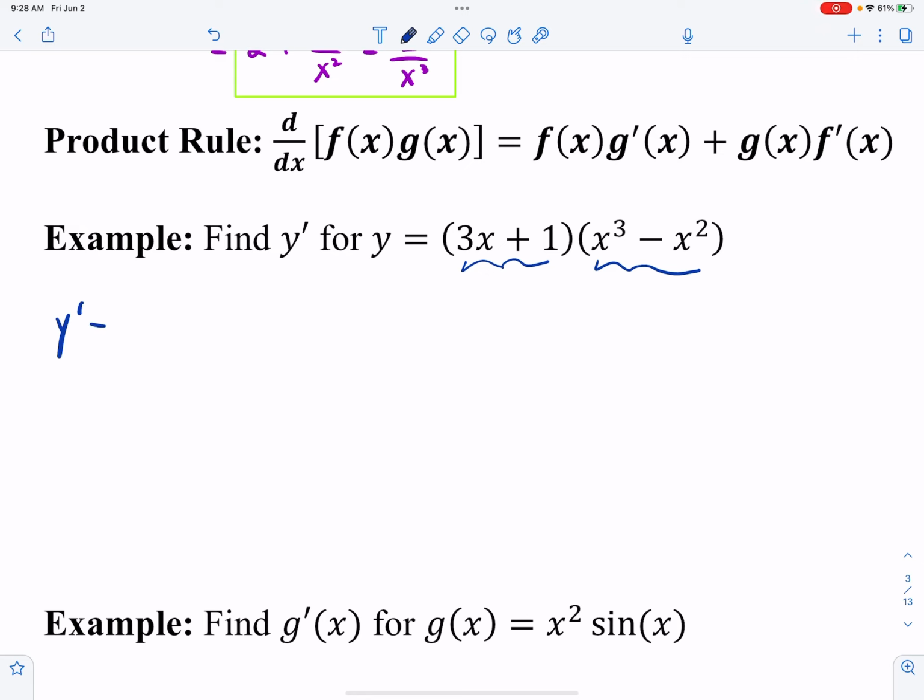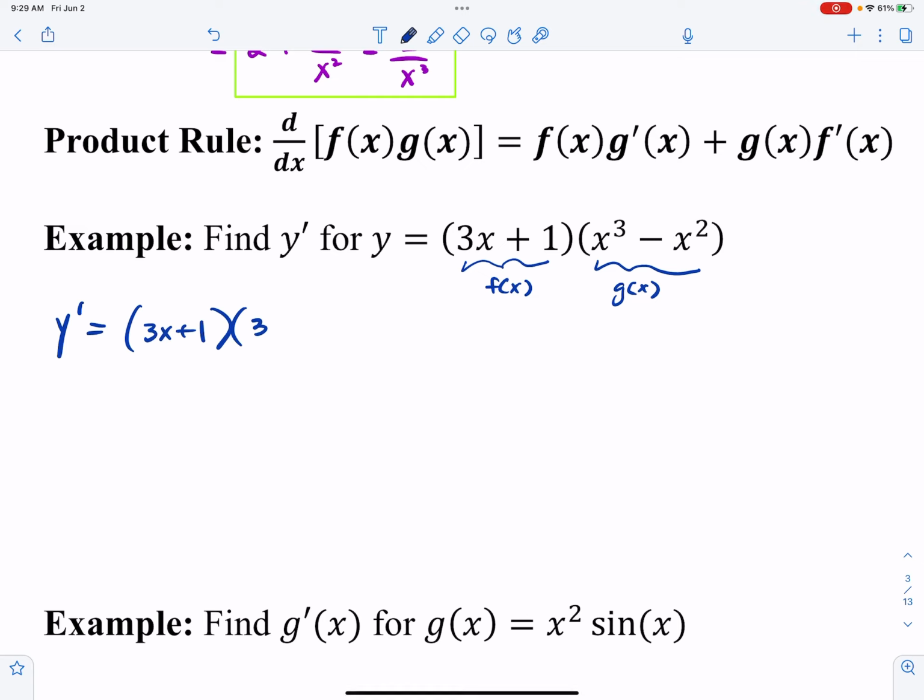So y prime, and showing your notation for the derivative is very important to show its relationship to the original function, so you know what that function represents. So applying product rule, I'm thinking of 3x plus 1 as being f of x, and then the x cubed minus x squared as being g of x. So f of x, I'm just writing back down, and then times the derivative of g, applying power rule.